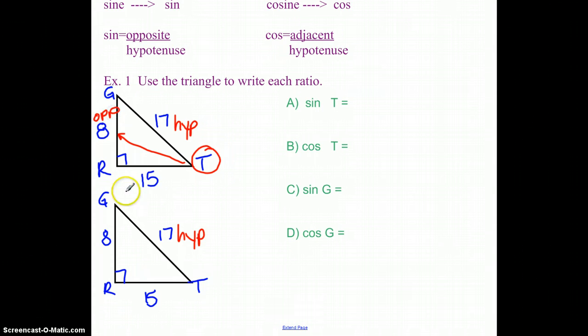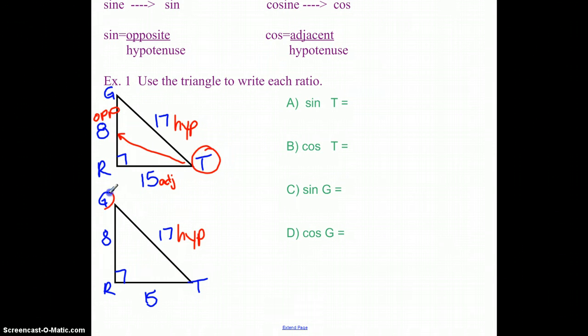That side would be the opposite, which leaves 15 to be adjacent. Now by definition, adjacent means sharing a common side or a common point. So if I look at my focus angle, you can see that this side that's adjacent is actually what makes part of angle t. The hypotenuse would be the other side. So remember, adjacent is going to share a common point or common side with that angle. That's our focus angle, which is t.